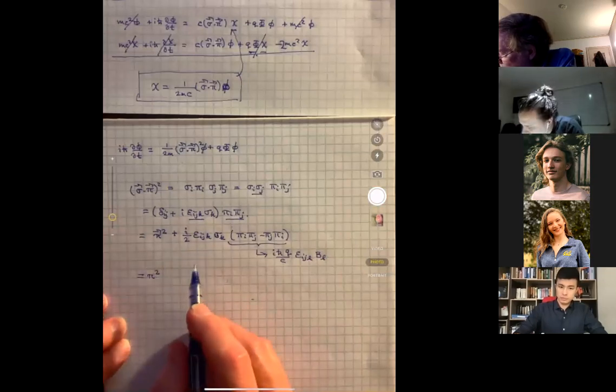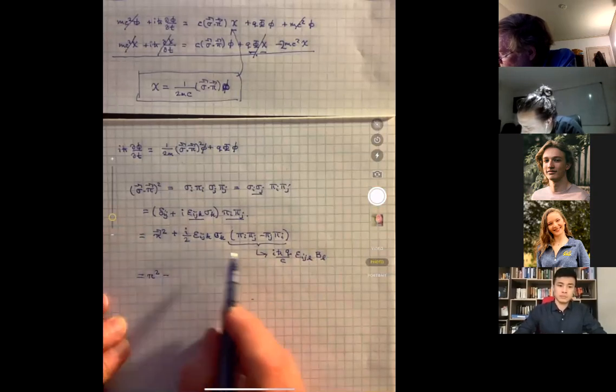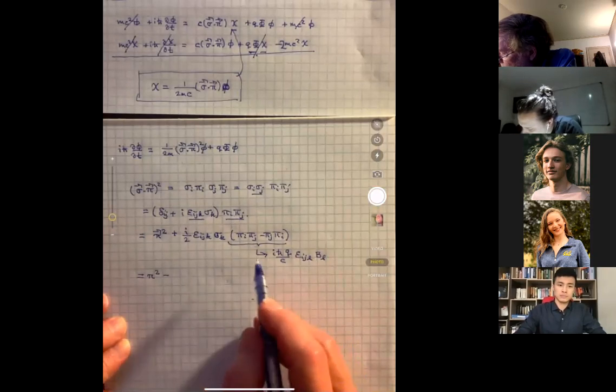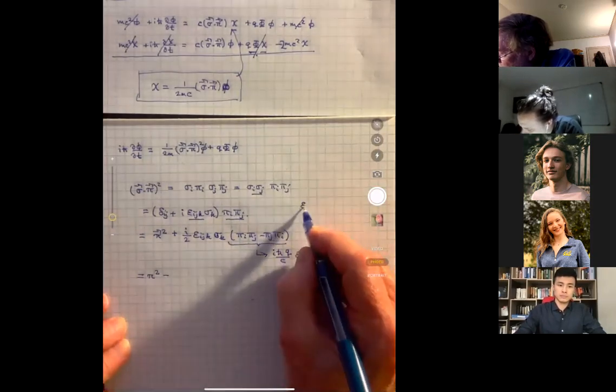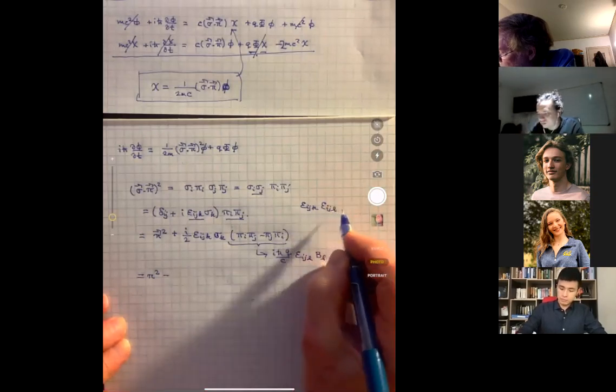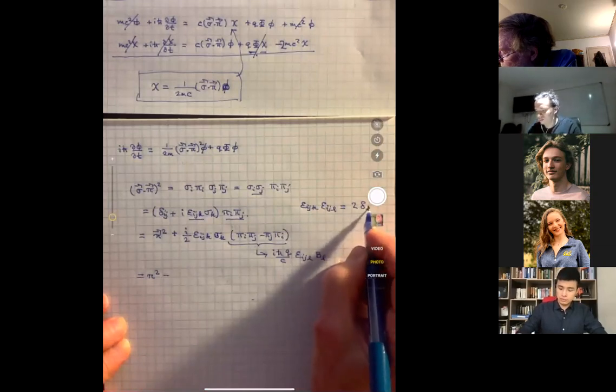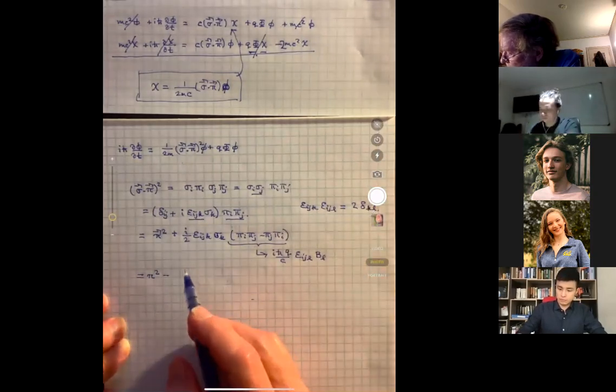Let's clean this up here. The two i's give us a minus 1, so it's going to be a minus sign. There's a factor of 2 here. There are two epsilons here: epsilon ijk times epsilon ijl. If you look at your epsilon identities, this is twice the Kronecker delta kl.